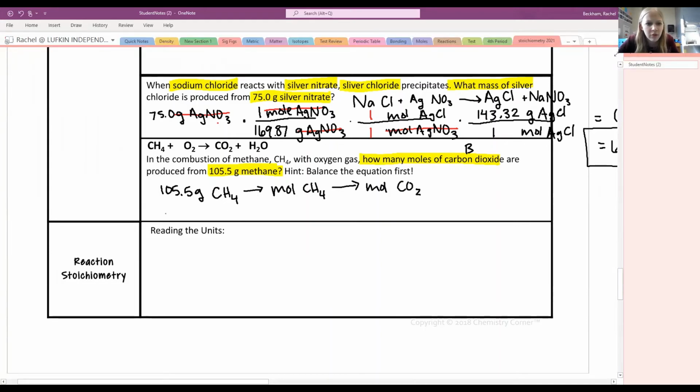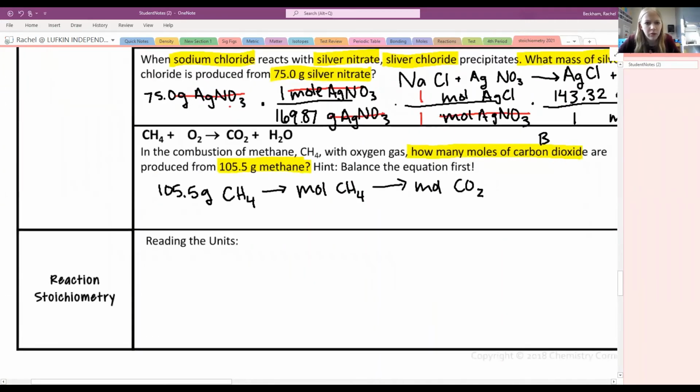So let's go ahead and do it. I'm just going to write real small right here. This is what I'm starting with, times, and we need to put what I want to get to on top. So we want moles of CH4 on top, and on bottom whatever this is, which is grams of CH4. Where would I get the relationship between moles and grams?